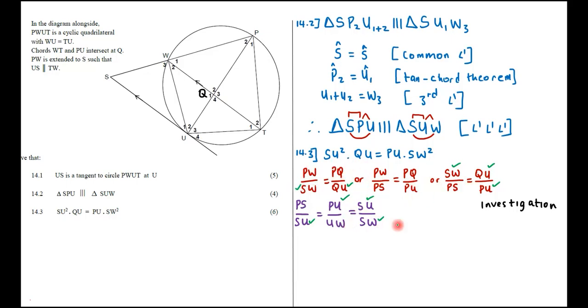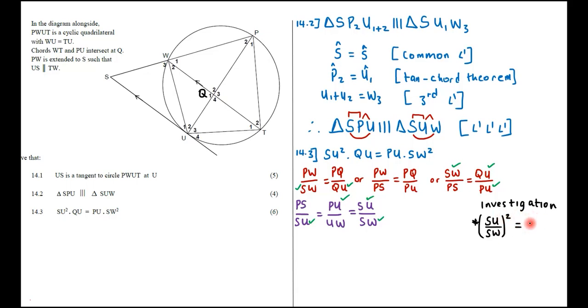PU. All right, so our first investigation will be us taking these squared together and then this together, right? So I will say, okay, here I have SU over SW. Now notice that I'm going to put the square out there because it's easy for me to see it like that.